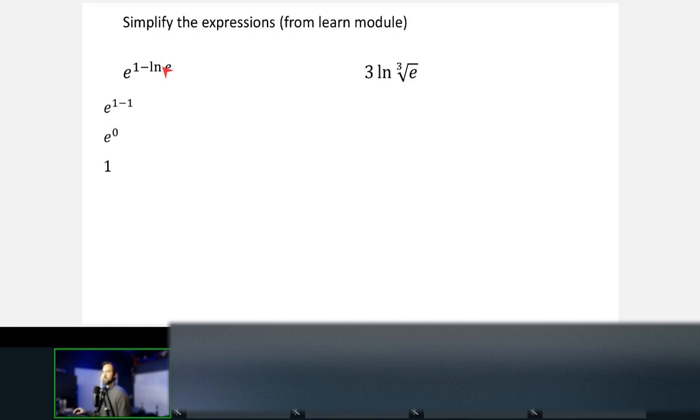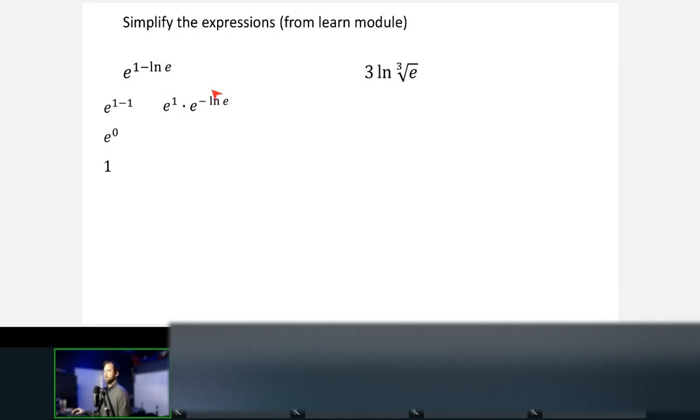Did anybody look at this and think, hey, I'm going to write this as e to the first times e to the negative natural log e? Anybody think about that? I'm going to show it that way too, which is really not the best way of doing this problem. Because we know the same base property, we can separate it.